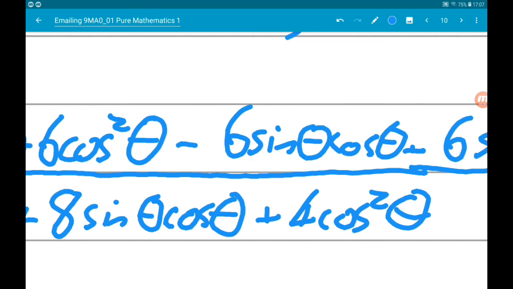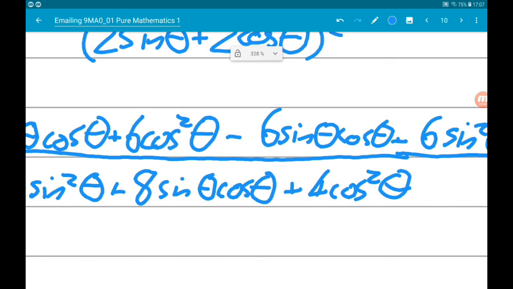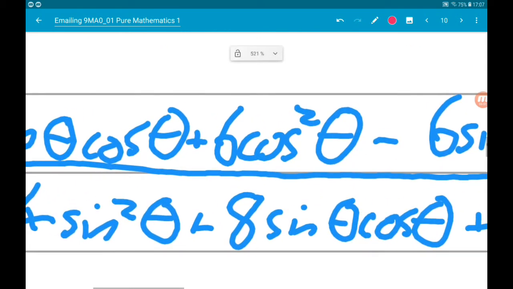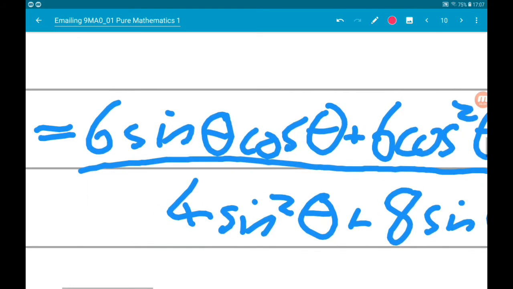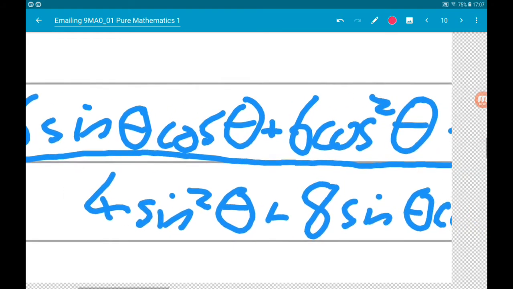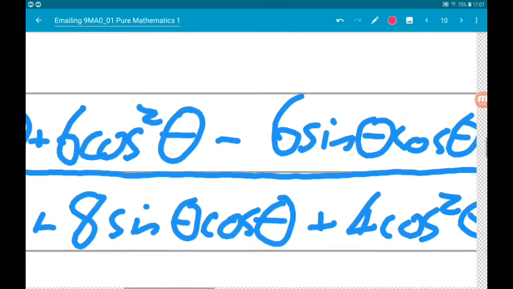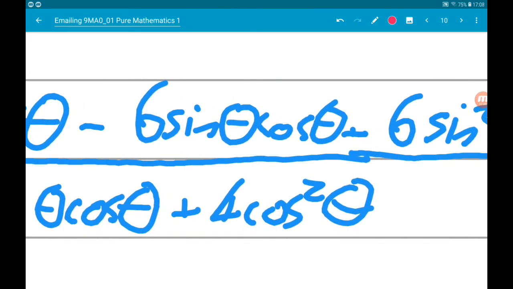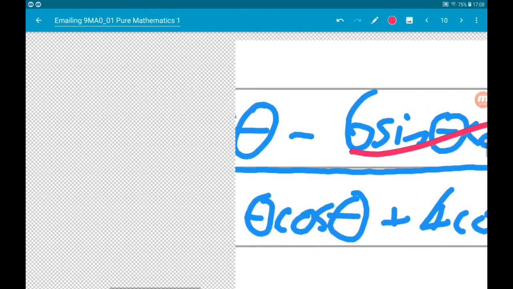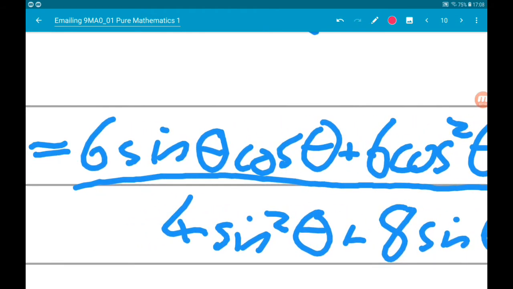Okay, so luckily quite a lot cancels out and combines. So up on top we got 6 sine theta cos theta, and then over here we got minus 6 sine theta cos theta. So that cancels out with that.